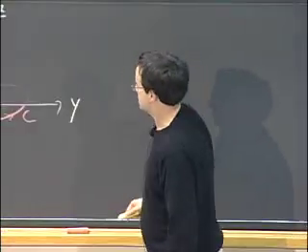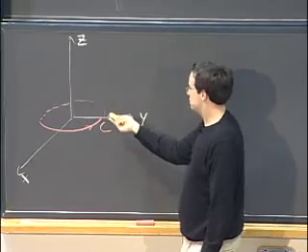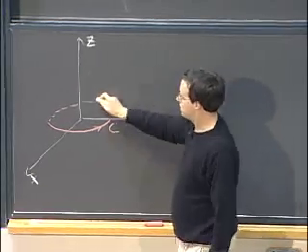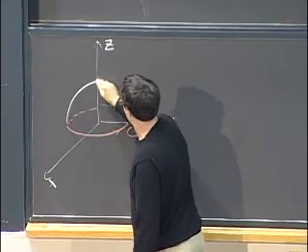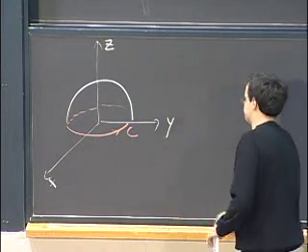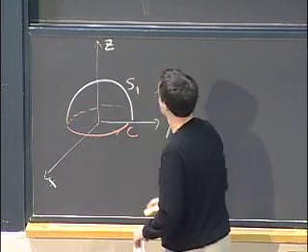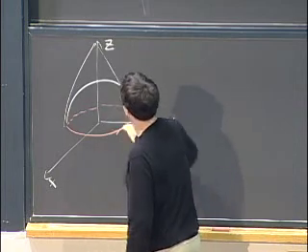So what Stokes' theorem says is that I can choose my favorite surface whose boundary is this circle. I could choose, for example, a half sphere if I want, let's call that S1. Or I can choose a pointy thing, S2.